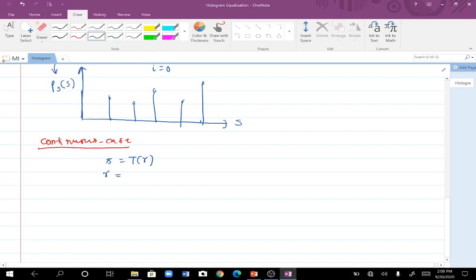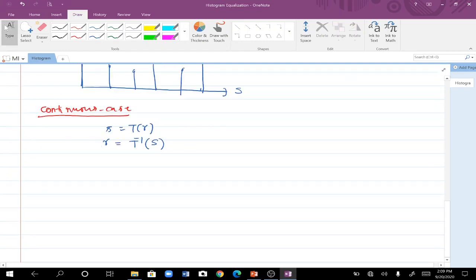By that we mean you could get r all the time, T inverse of s, which means your mapping function is strictly monotonic. And also we know that for a given r value, PR of r is a probability density function, and then s also results in a probability density function here.